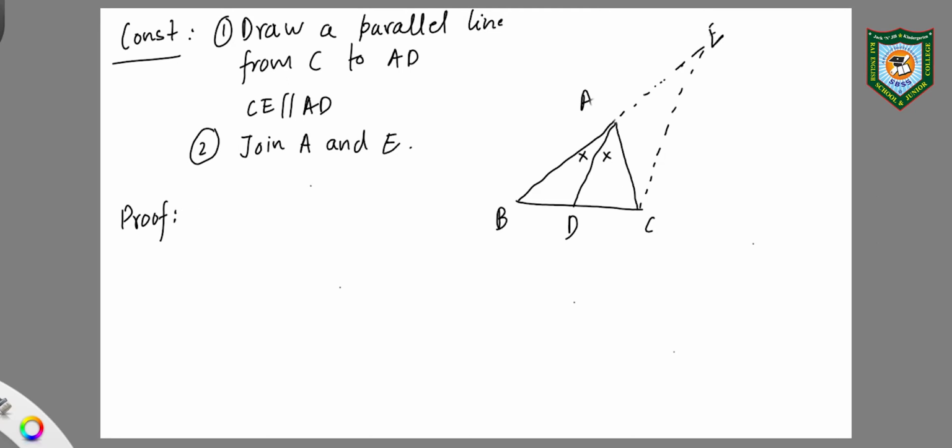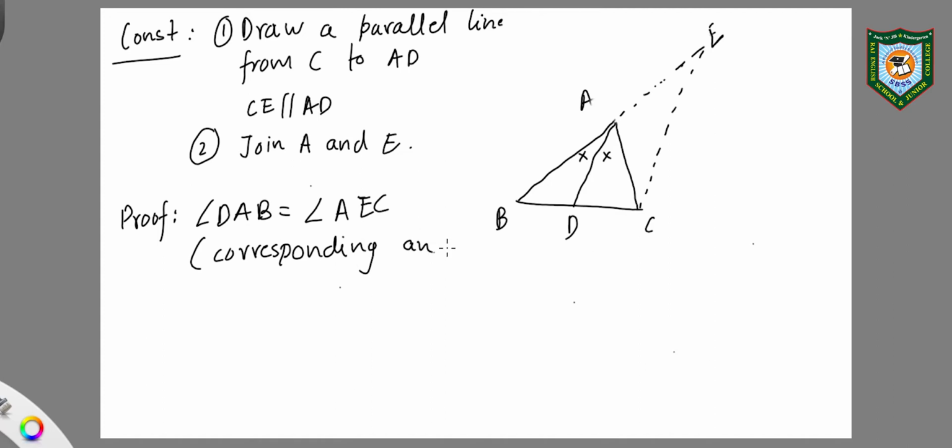Now as we know that AD is parallel to EC, I can safely say that angle DAB is going to be equal to angle AEC. This is by corresponding angles in parallel lines. So immediately I can mark angle AEC by cross again.